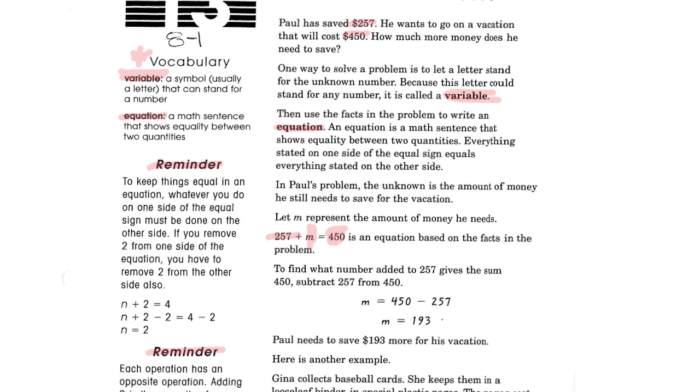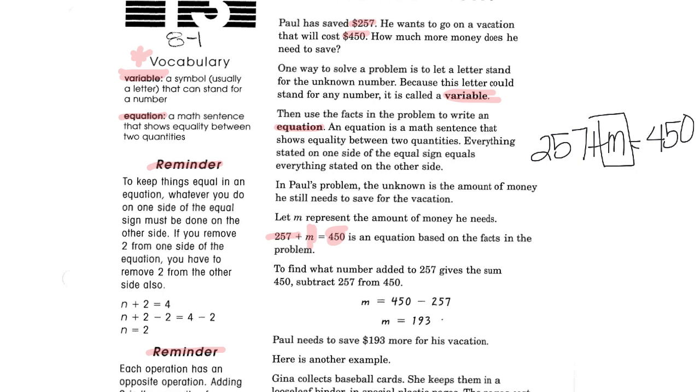All right, so when we have that problem, here's what I like to do, guys. I'm going to write it over here, and I'm going to do it in black. We have this equation of 257 plus M equals 450. I like to tell everybody to box in the variable. Now, this is a positive 257.